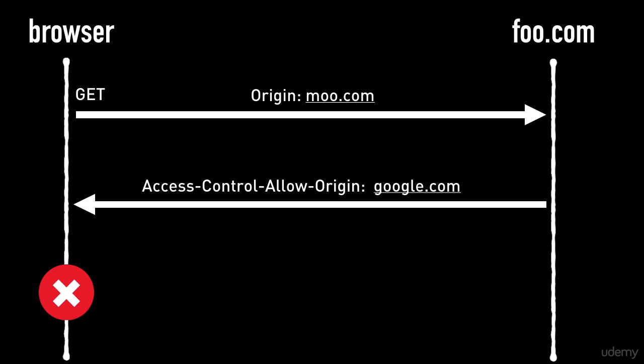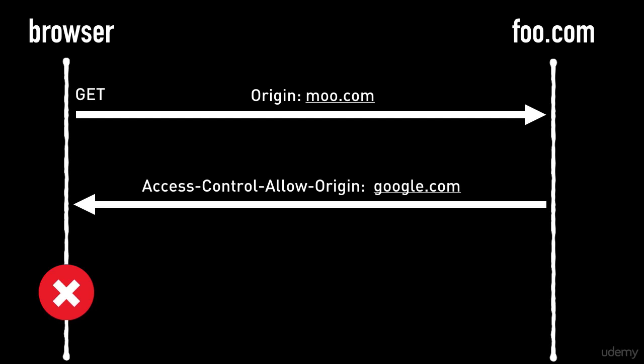But if we were issuing something like a PUT or a POST or a DELETE, let's give the example of a PUT. If I was issuing a PUT request that would get sent to foo.com, foo.com would perform whatever processing needs to be done for that PUT request, issue the response, and if the response fails CORS, for whatever reason, the response gets blocked.